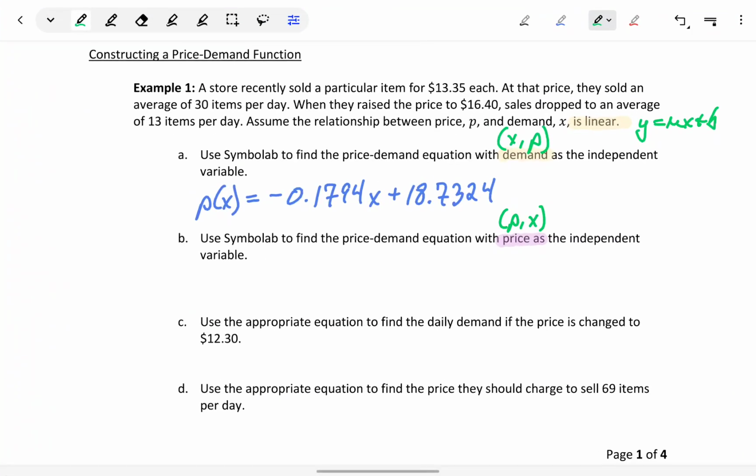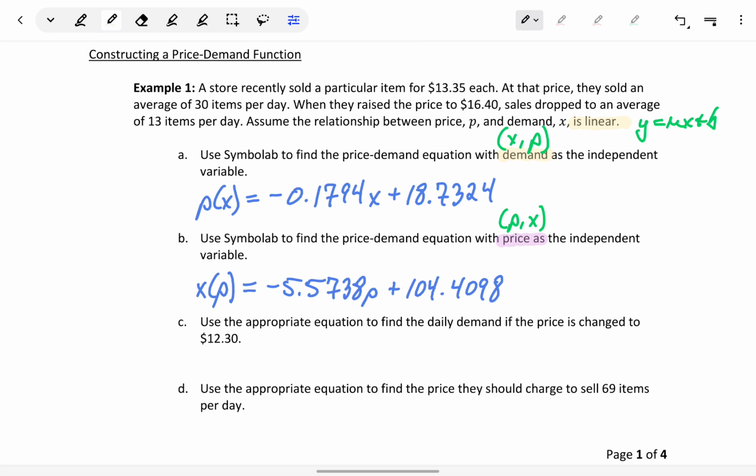But we want to reframe that in the context of our two variables that we're using. So we'll write this as x of p is equal to negative 5.5738p plus 104.4098.